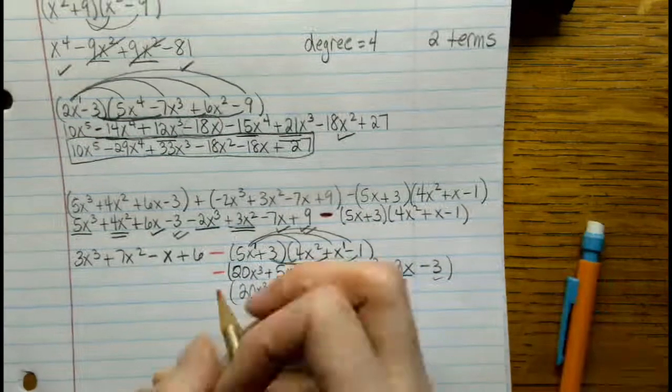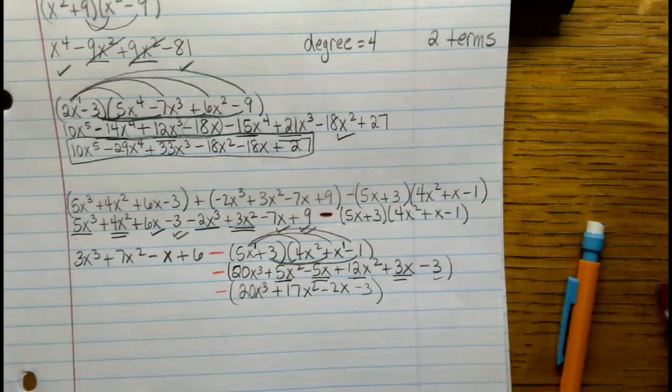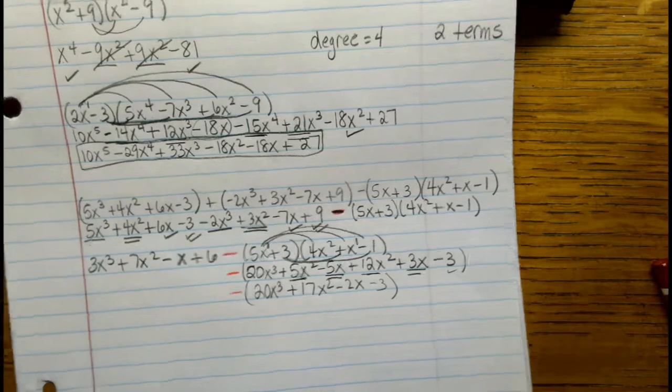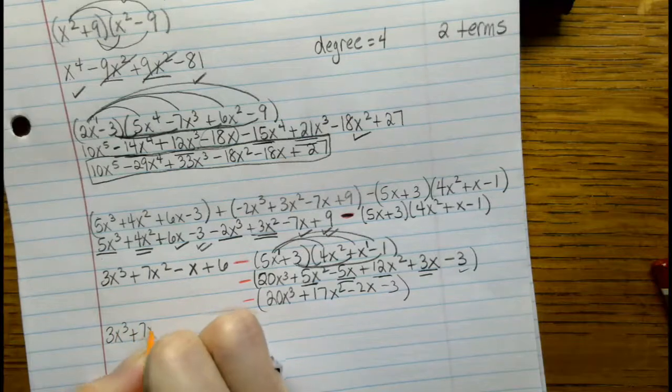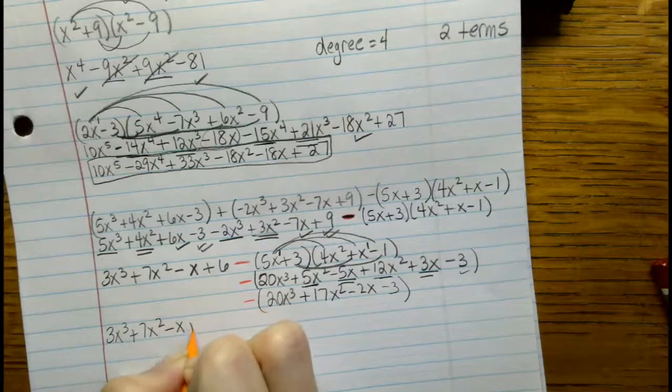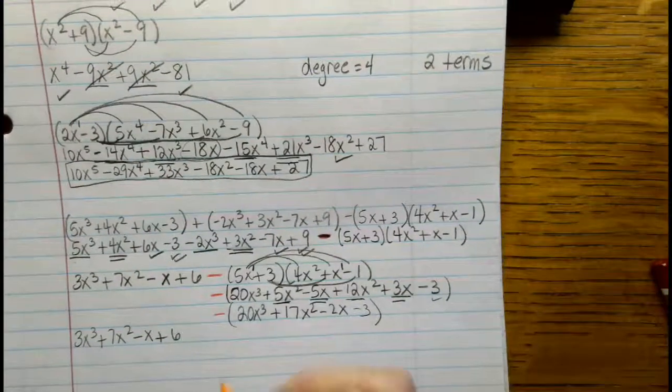But again, what I've been trying to stress here, this negative is going to change the signs of every single term in there. So now I can bring down the 3x cubed, plus the 7x squared minus x plus 6, and we're going to distribute.